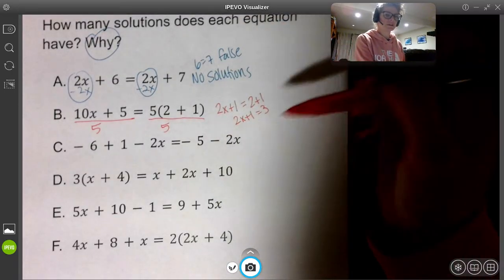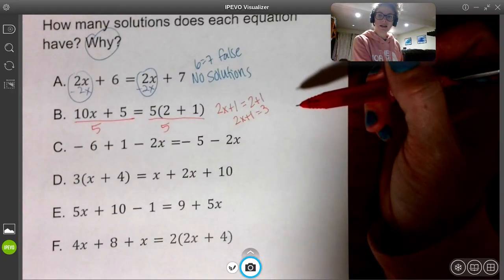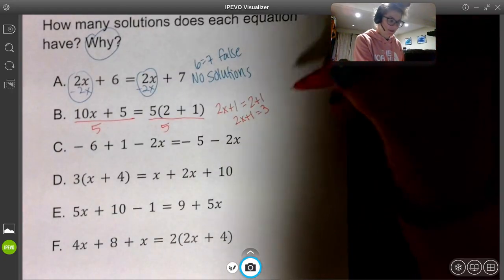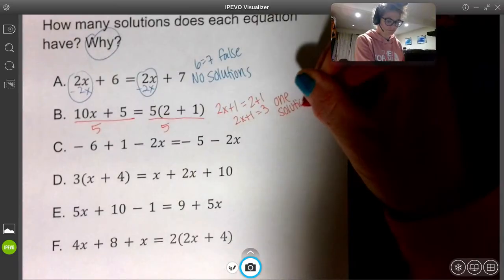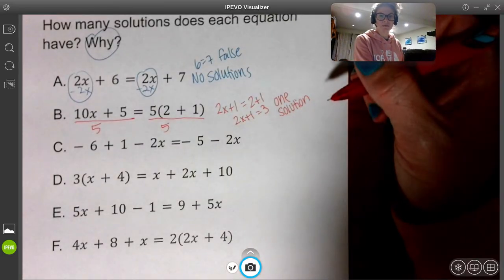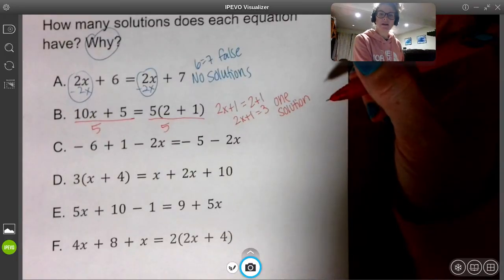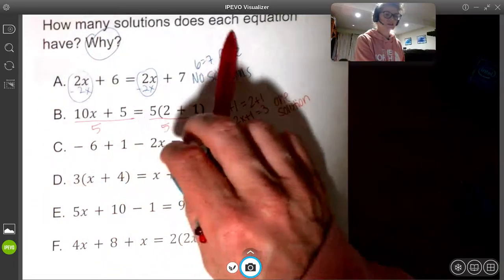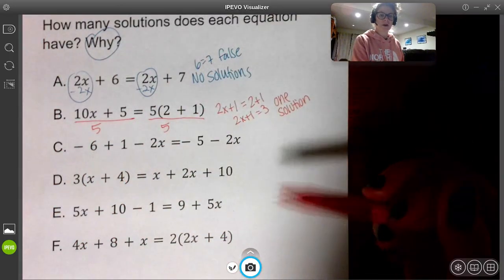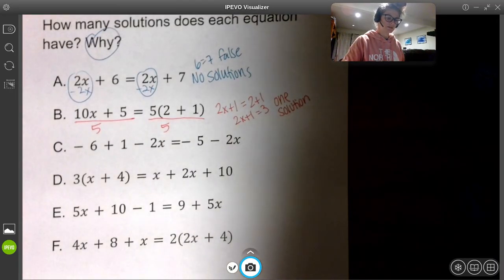Obviously, because there's only variables on one side, the variables are not going to cancel out, so we're going to have one solution. The variables do not cancel out, so again, we're going to have one solution. The directions are only asking how many solutions each equation has, not what they are, so we just have to worry about that.